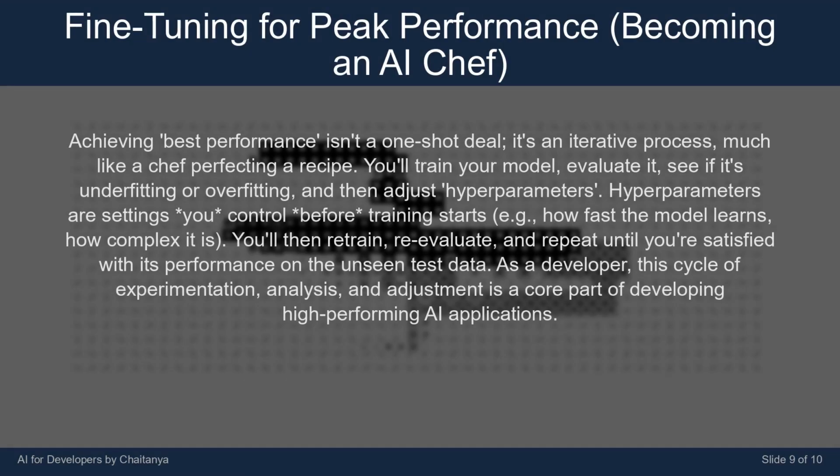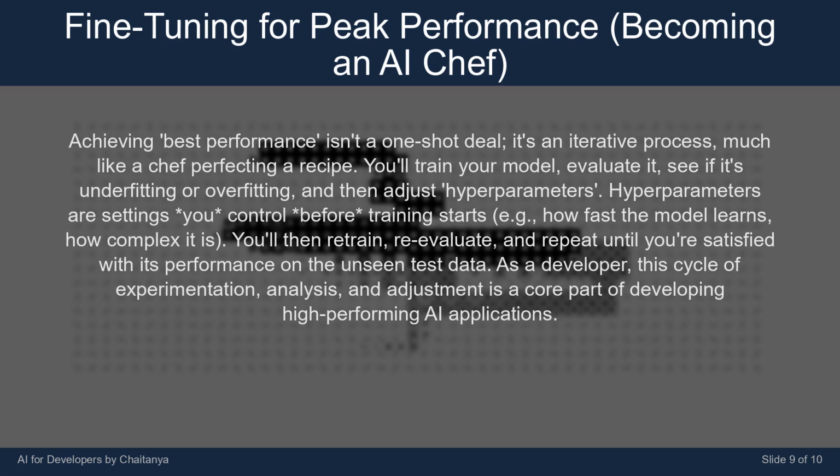Achieving best performance isn't a one-shot deal. It's an iterative process. Much like a chef perfecting a recipe, you'll train your model, evaluate it, see if it's underfitting or overfitting, and then adjust hyperparameters. Hyperparameters are settings you control before training starts, e.g., how fast the model learns, how complex it is.